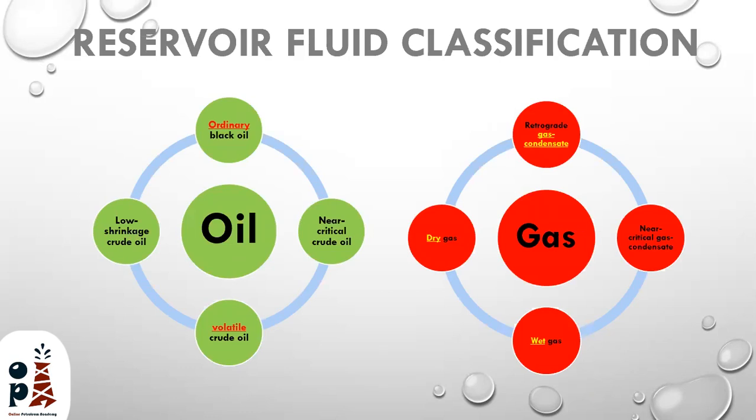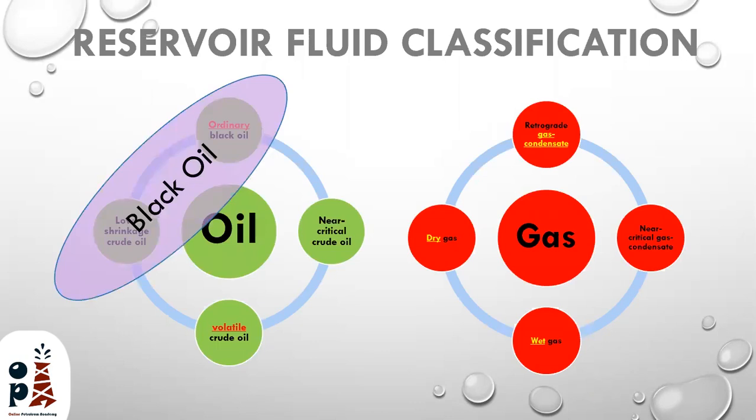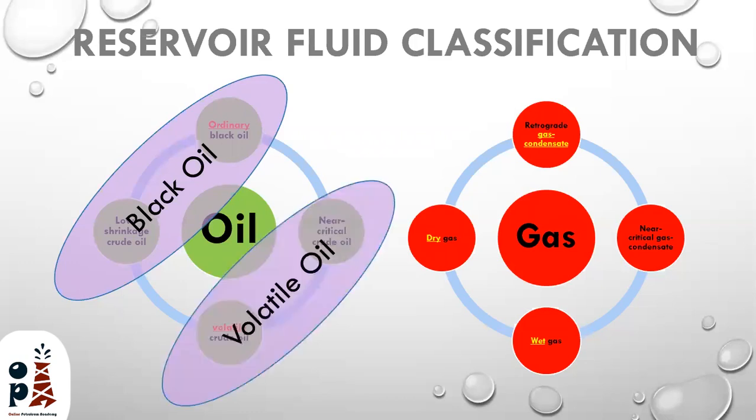But actually, in the industry, we have only five types of reservoir fluids. We have the black oil fluid, which includes the ordinary black oil and the low shrinkage crude oil. Also, we have the volatile oil reservoir fluid that includes the near critical crude oil and the volatile crude oil.